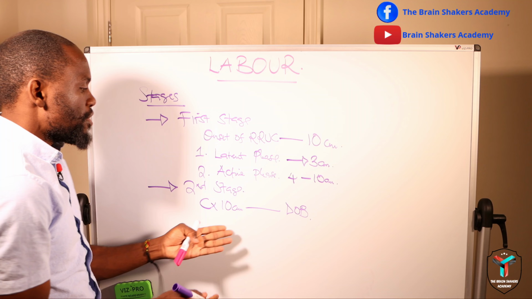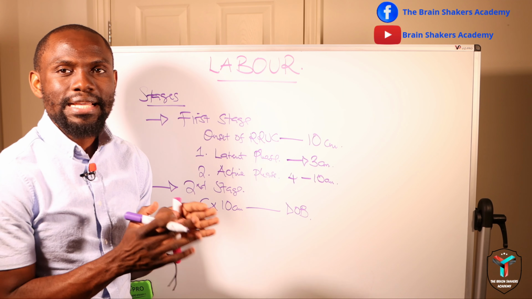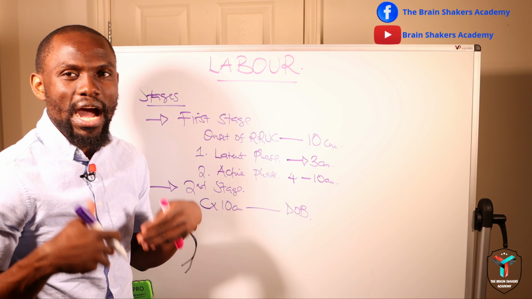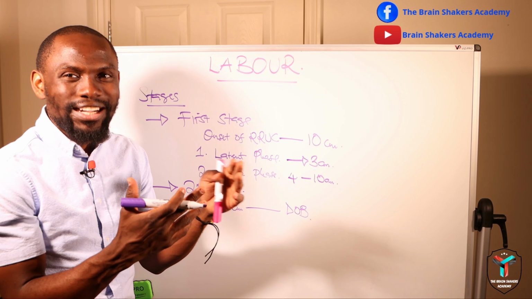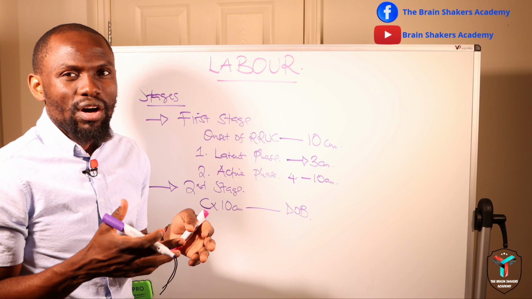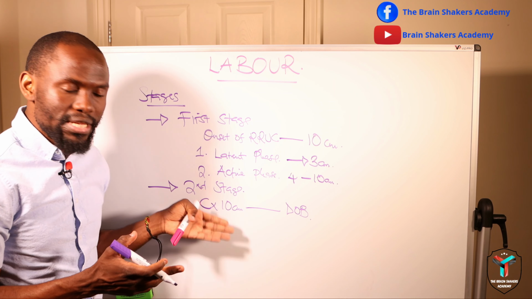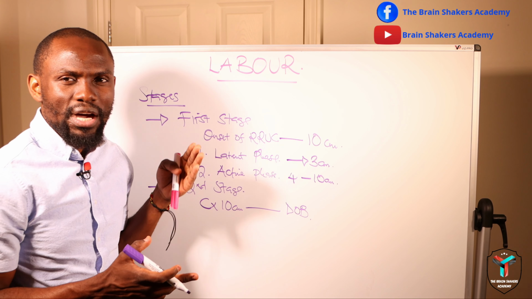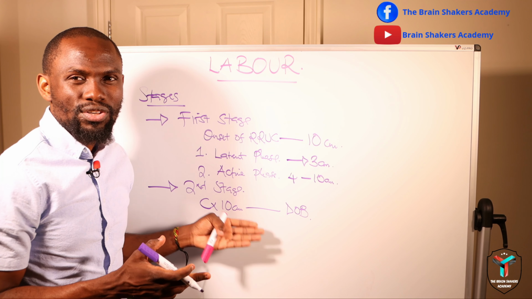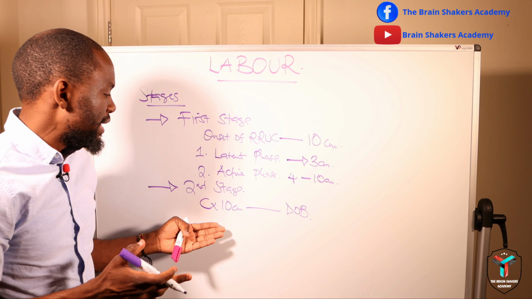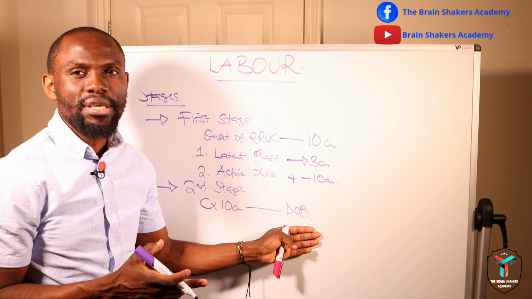So from when a woman has gotten to about 10 centimeters dilated to the complete delivery of the baby, that is going to be the second stage. And within this stage, you're going to have the expulsive contractions at play so that the baby can then be delivered.